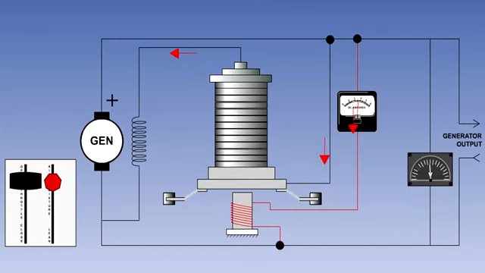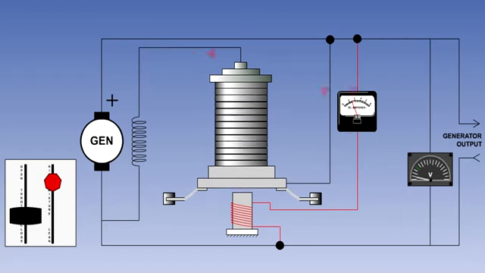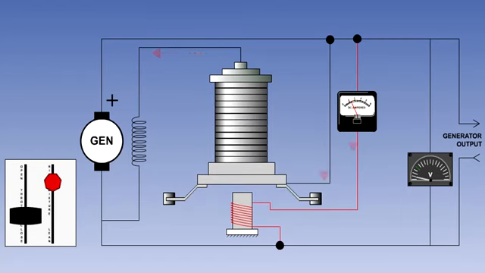The carbon pile will become less compressed, and its resistance will increase. This will reduce the current flowing in the field, and the output voltage will fall back to its normal value. Similarly, if the generator output voltage decreases, the carbon pile will become more compressed, and its resistance will decrease. This will allow an increase in field current, bringing the output voltage back to normal.